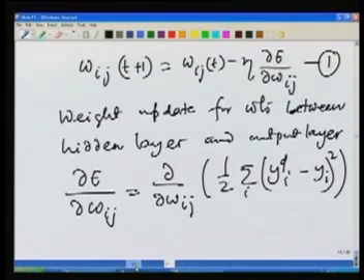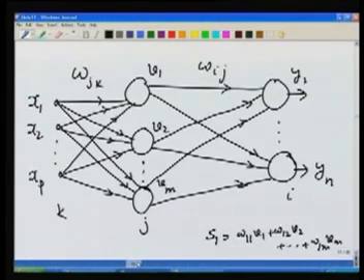Hopefully, you are very clear. You say that if I am considering this particular unit, this is my typical weight which is W11 and I want to update W11, then you should be very clear that only the error computed here at Y1 is a function of W11.